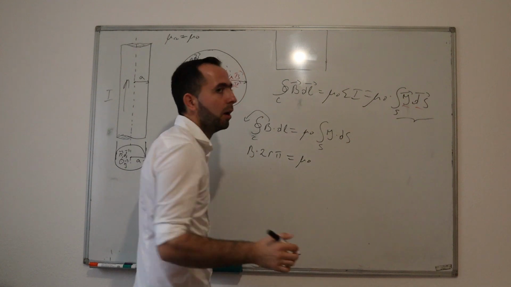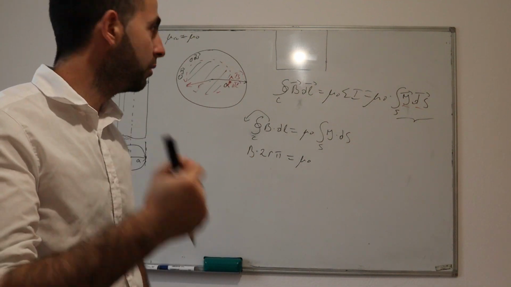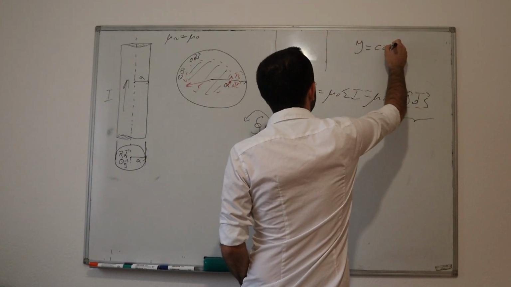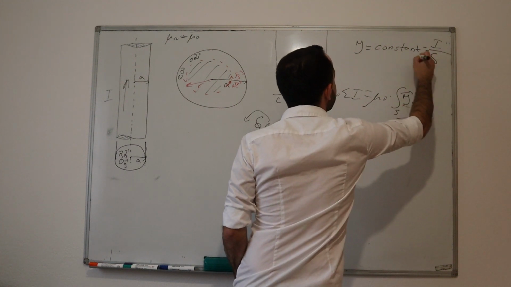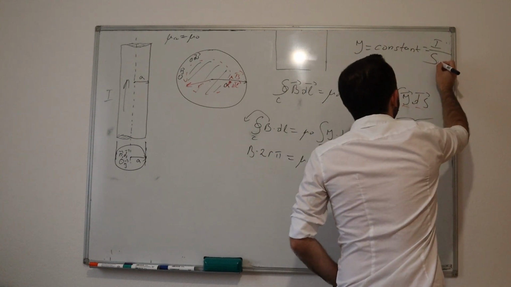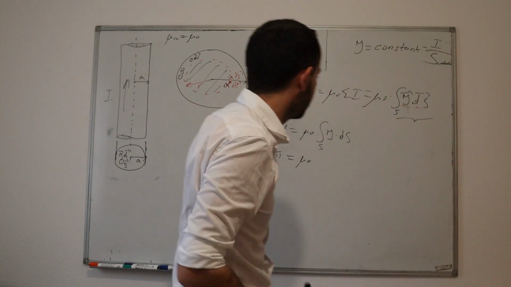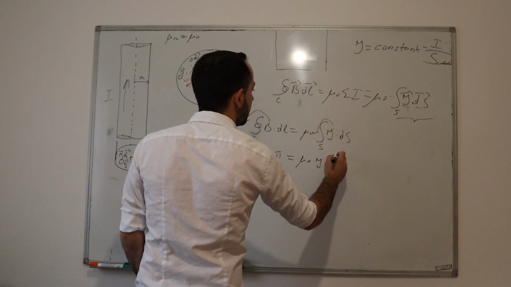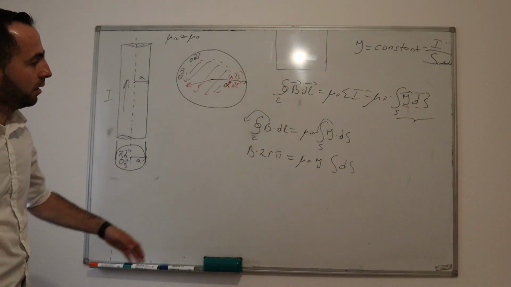Then mu0 times the current density. Because in the text of the task it said that the current is uniform, the current density is constant, and it is equal to I divided by the total surface of the complete conductor. Very important. So we can also put it in front of our integral, and we will get the integral of ds.